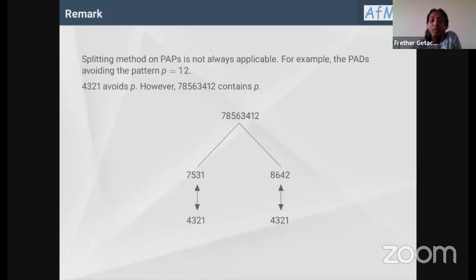For example, take pattern avoidance over paths, where we consider a pattern P, which is 1, 2, and try to see the paths avoiding the pattern P. The only derangement that avoids this pattern P is the decreasing derangement, which, for example, if n is 4, is 4, 3, 2, 1.